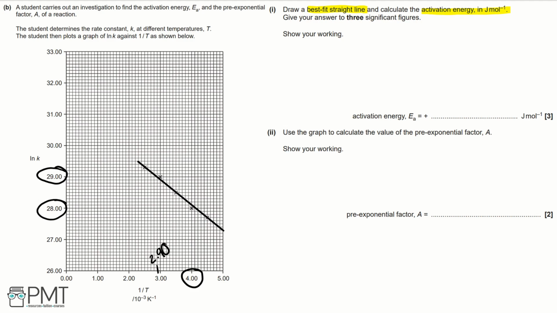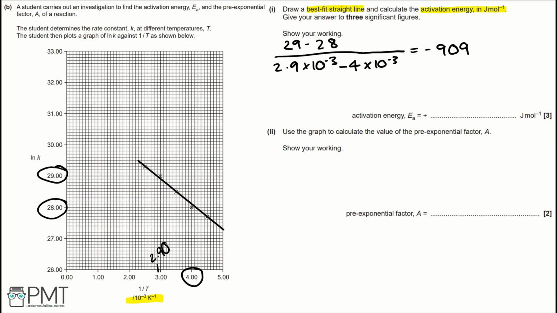But we need to pay careful attention to the units for 1 over T, times 10 to the negative 3. So when working out the gradient, we need to do 29 minus 28 divided by 2.9 times 10 to the negative 3 minus 4 times 10 to the negative 3. That gives us a gradient value of minus 909.